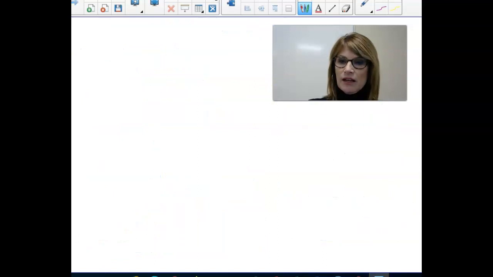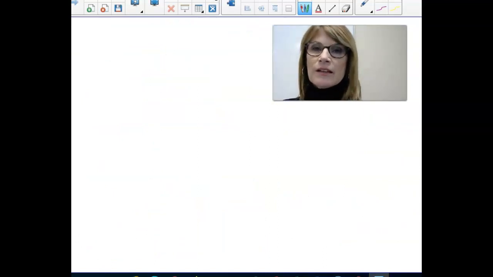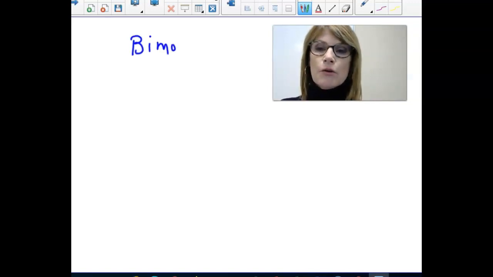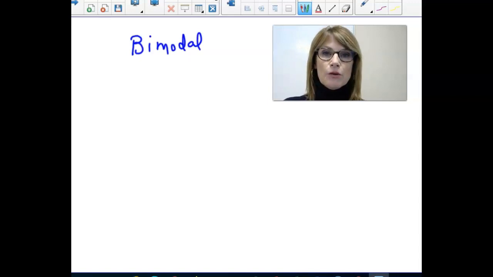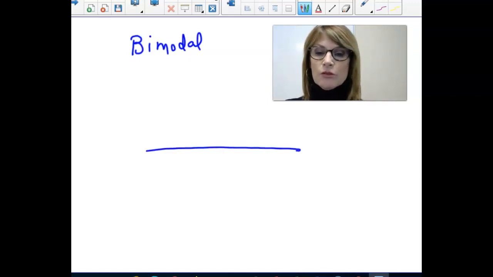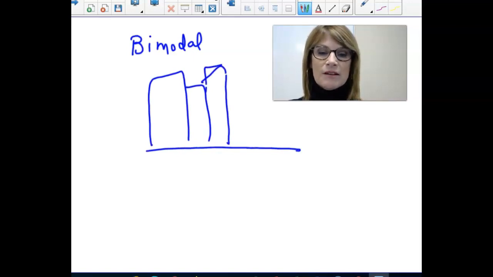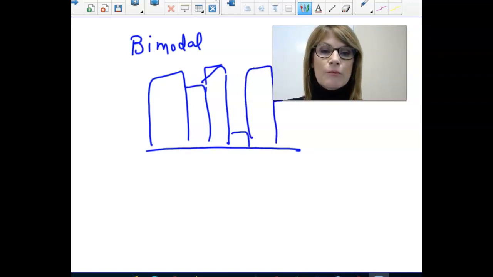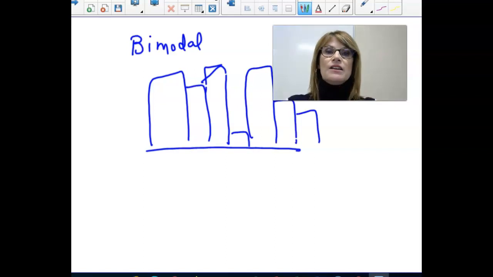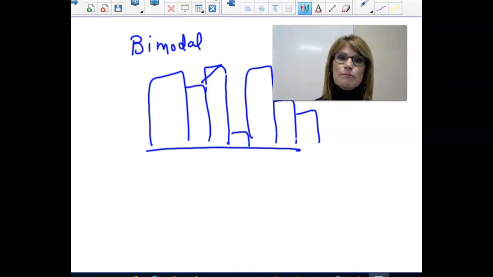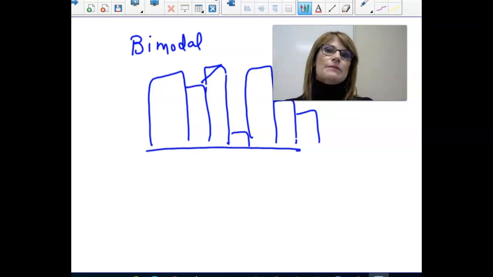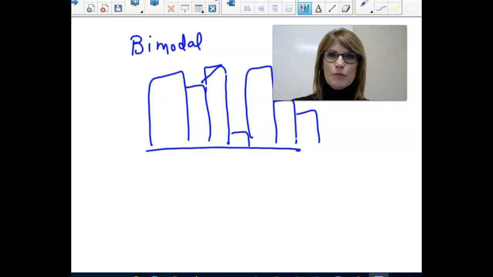Okay. You'll also encounter data that we call bimodal. Bi meaning 2, modal meaning modes. It has 2 modes. So when you look at your data, there may be a whole bunch of data on one side, maybe nothing or very little in the middle, and then a bunch of data over here on the right. So it's in 2 parts. You get bimodal data if you're collecting data from 2 very different subsets in your samples.